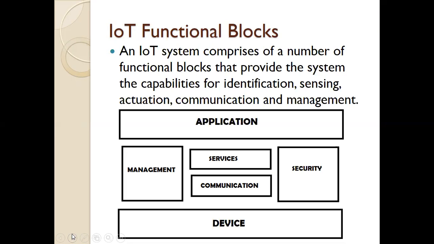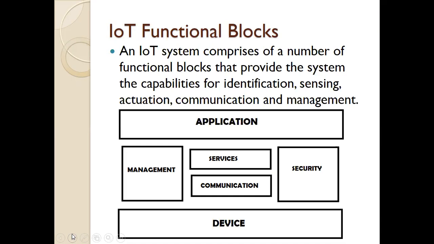This classification is based on function. At the first layer, the device will just sense the data and communicate with each other. In the second layer, there will be services, management, communication, and security. All these services are at the second layer.